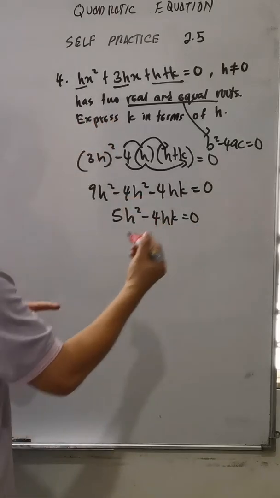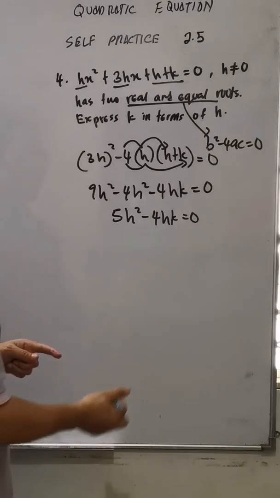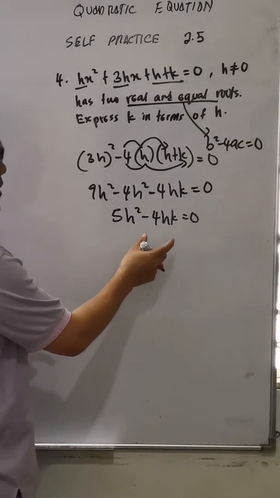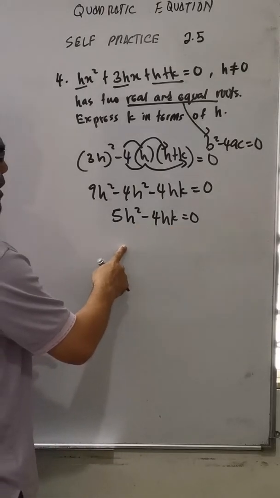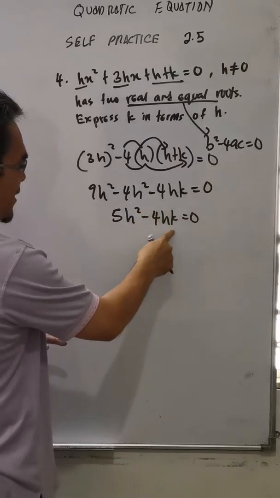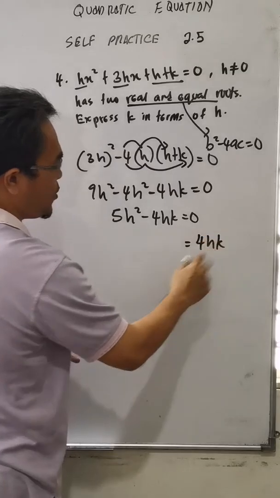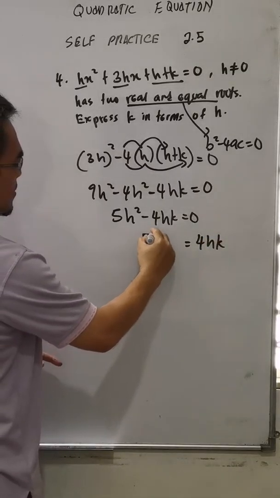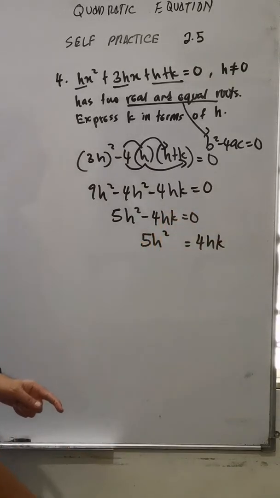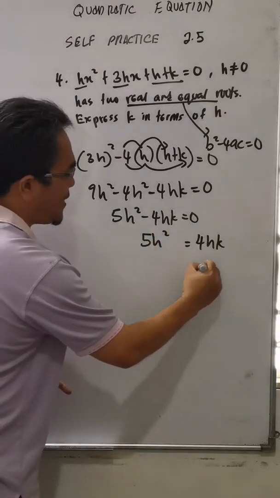Express k means k is the subject. It doesn't necessarily have to be on the left side. If my k is negative, I'll just move it to the other side so it becomes positive. But not yet to answer the question, so just leave k there.